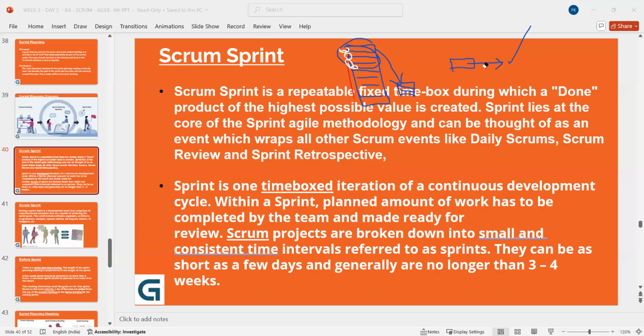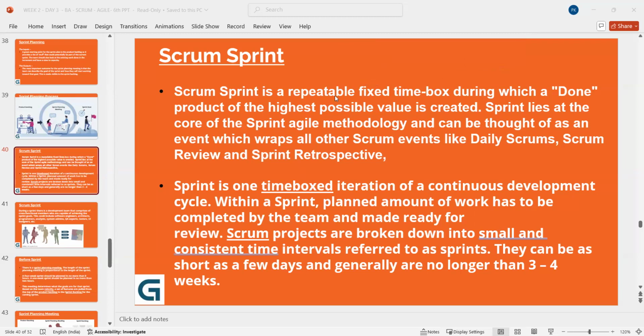So basically, this means that every sprint is repeatable. When I say repeatable, it has a very simple meaning.